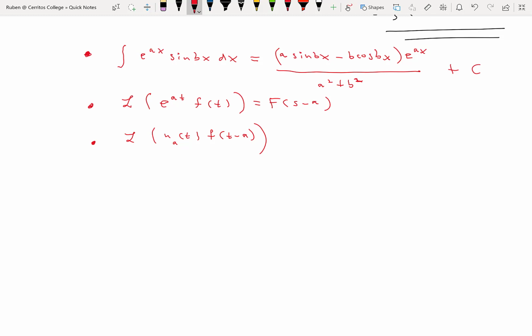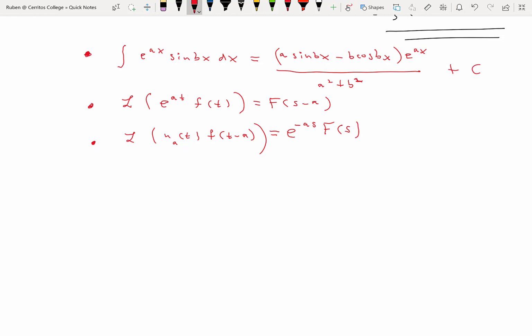Of course, the unit step function shuts off the function before a, so it's y equals 0 until we hit a, but then when we hit a, it's the shifted function a to the right. So the second shifting theorem says that the result is e to the minus as times the unshifted Laplace transform.